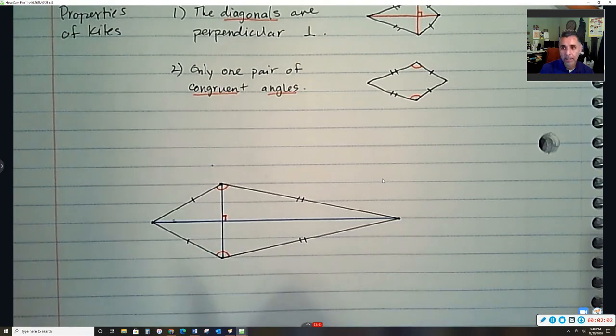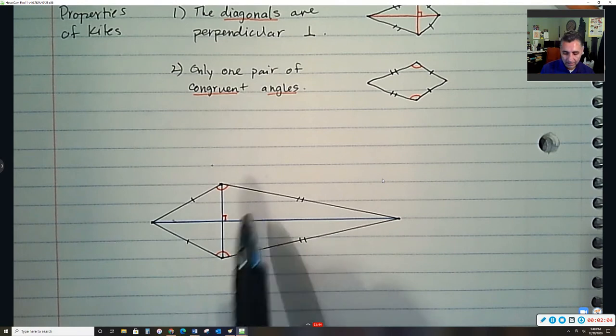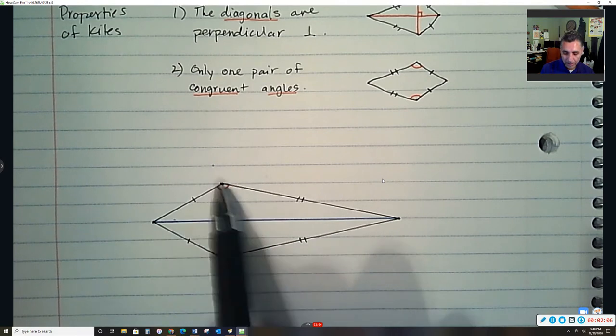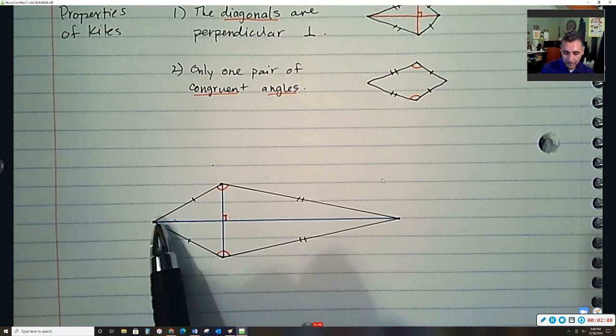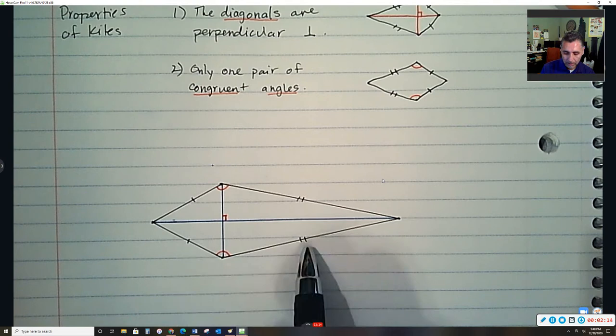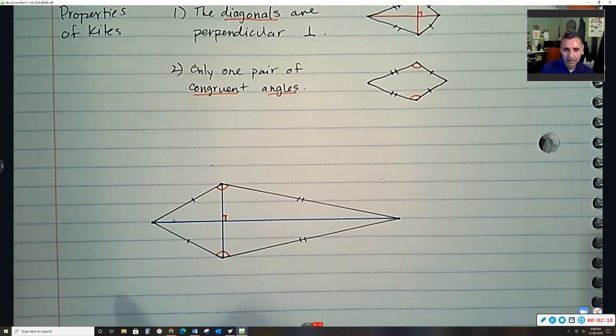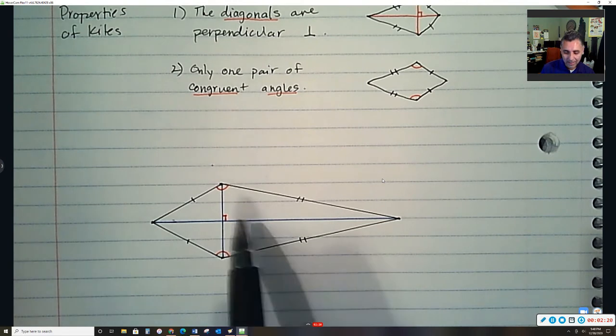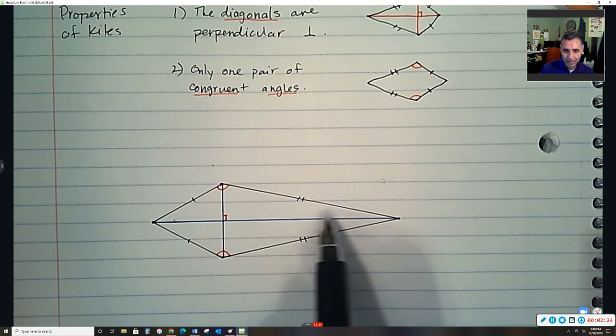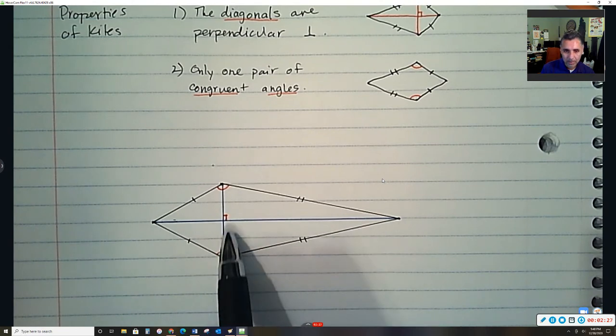And then one thing I did want to say, this makes this top triangle, if you look at this as a triangle, equal to the bottom triangle by side-angle-side, or by side-side-side, right? Because they share that side. And then actually, this triangle here is the same as this triangle.